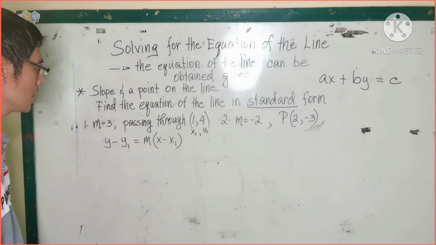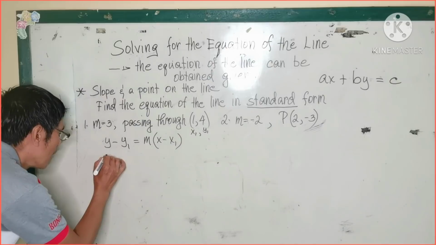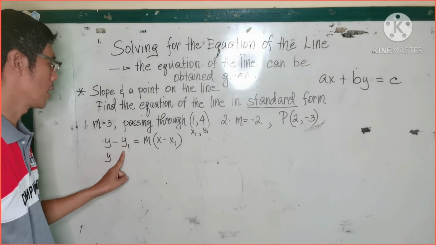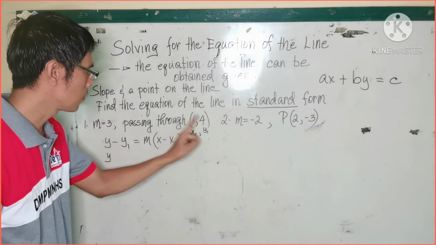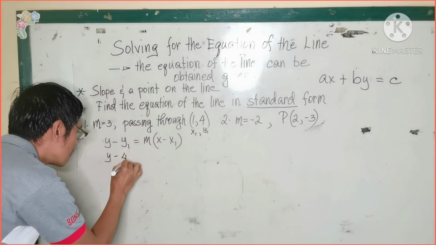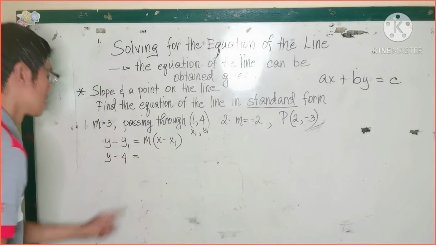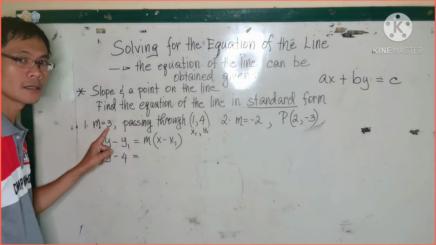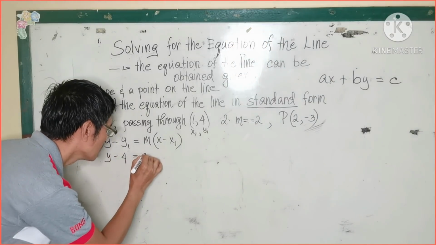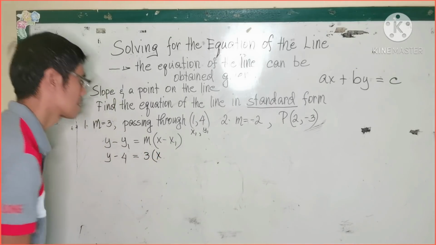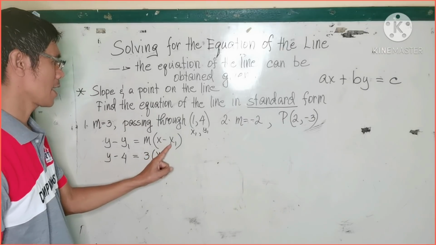So substituting the values, we have y minus y sub 1. What is y sub 1? 4. So we have y minus 4 equals, what is m? m is equal to 3. So we have 3 times x minus x sub 1.